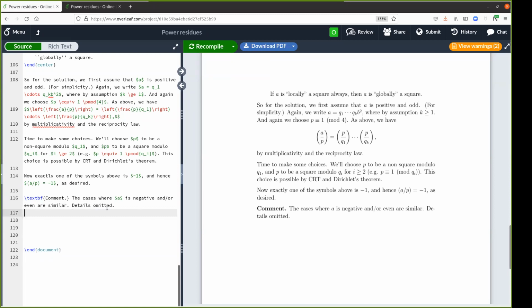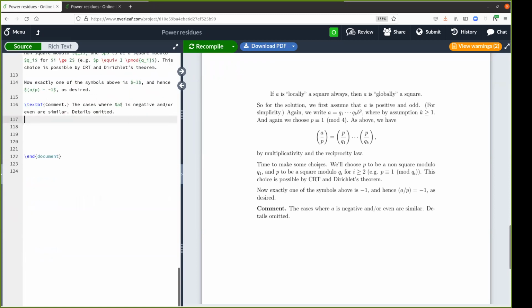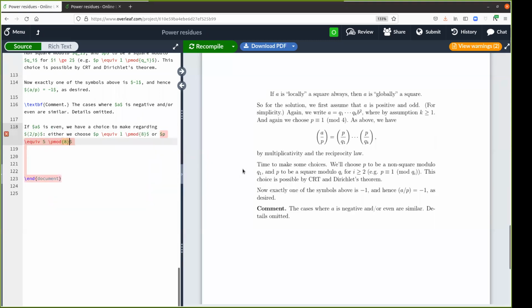And as I mentioned, the cases where A is negative or even or both are similar. Basically, if A is even, we can't use the reciprocity law, but we still have a choice to make, but here the choice is made modulo 8.